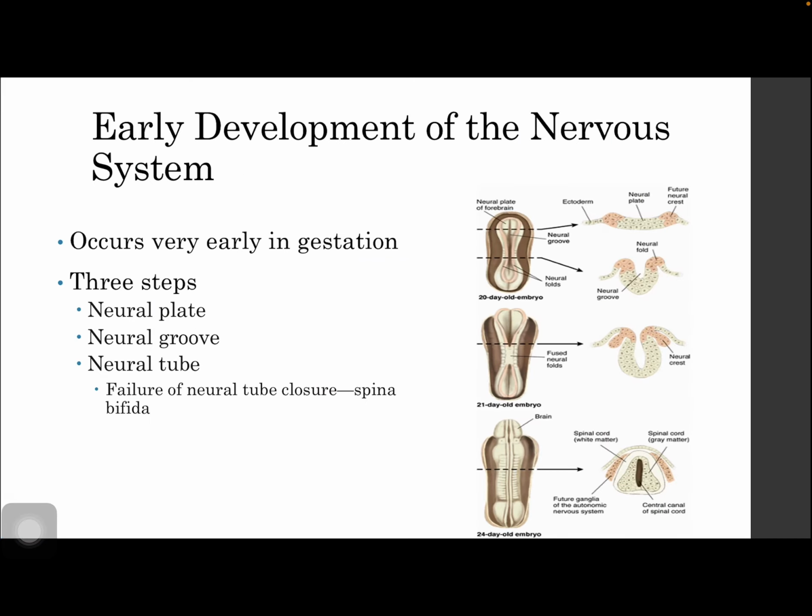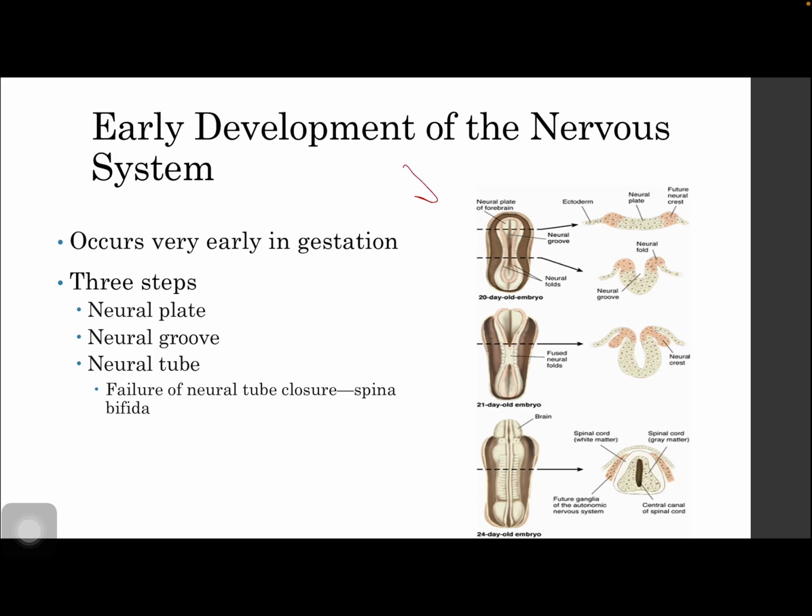So looking at the development of the nervous system in utero, it happens really early in gestation to formulate what becomes the brain and spinal cord. And what you'll need to know in this process is how it starts in terms of just the cellular process.